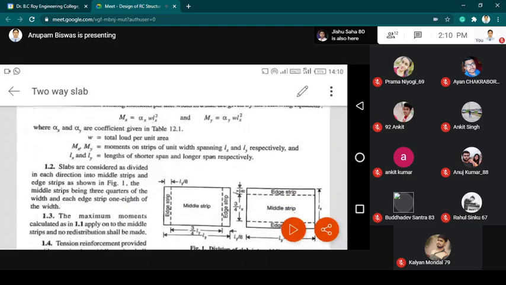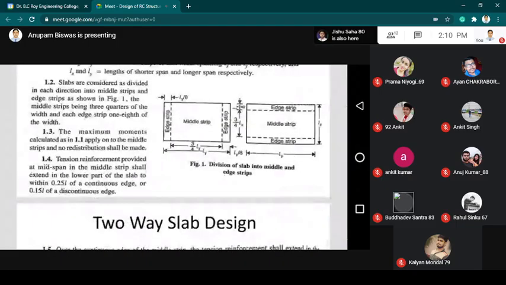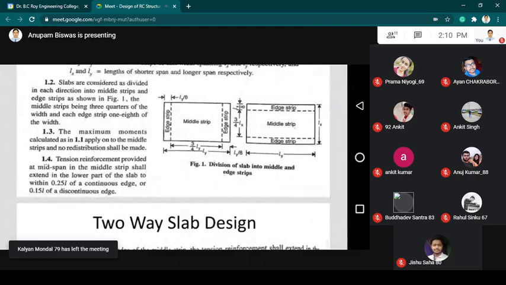So these slabs are actually divided into three portions, that is two edge strips and one middle strip. As you can see in the figure, the middle strip is 3/4 of the longer span, that is 3/4 of the Ly.